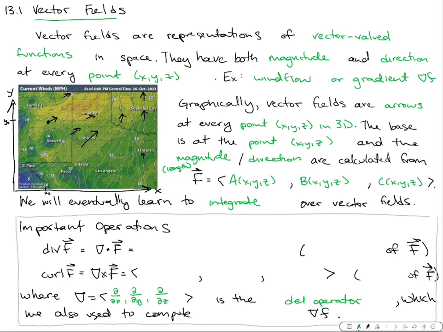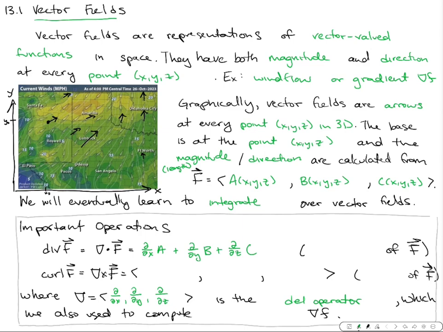It's a dot product between this vector of derivatives and f equal to abc. You're just going to get d dx times a plus d dy times b plus d dz times c.